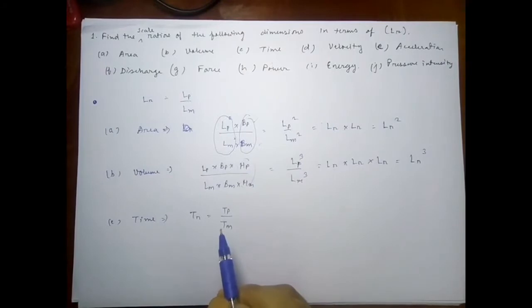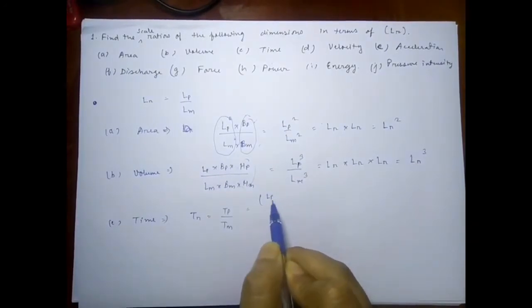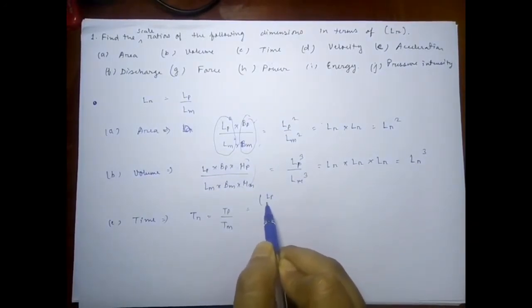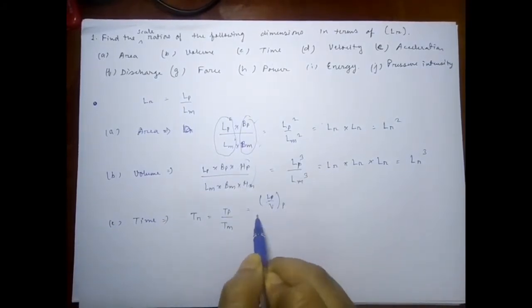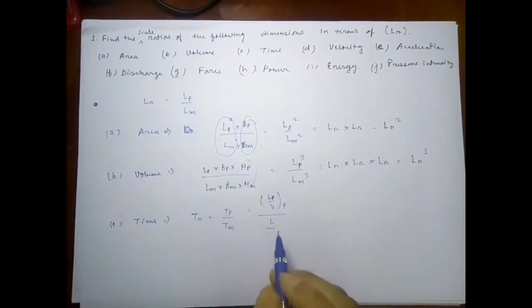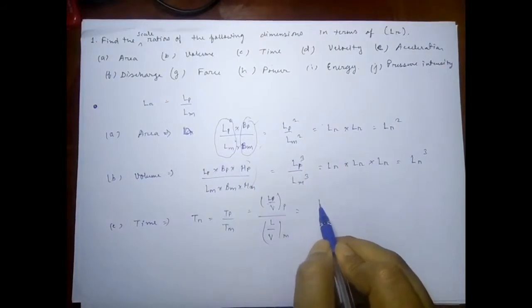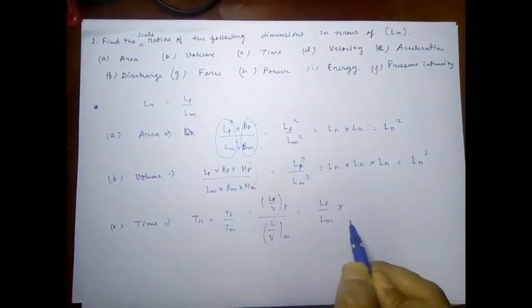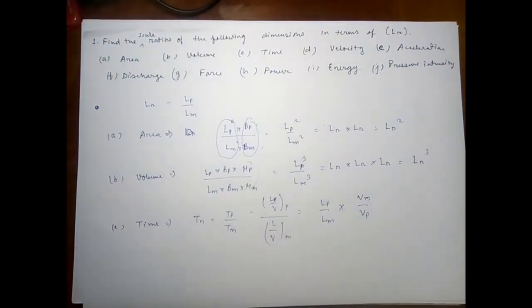So time can be written as L upon V for prototype by L upon V for model, and it is LP upon LM times VM upon VP.